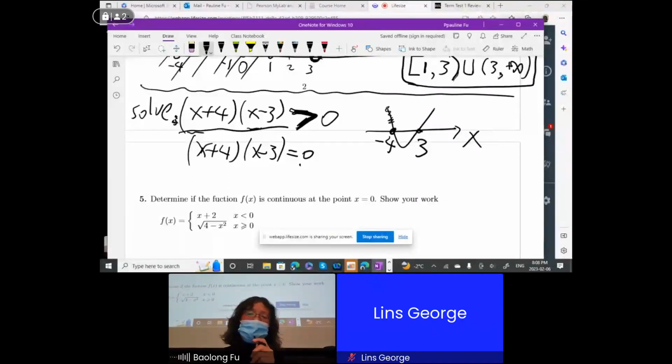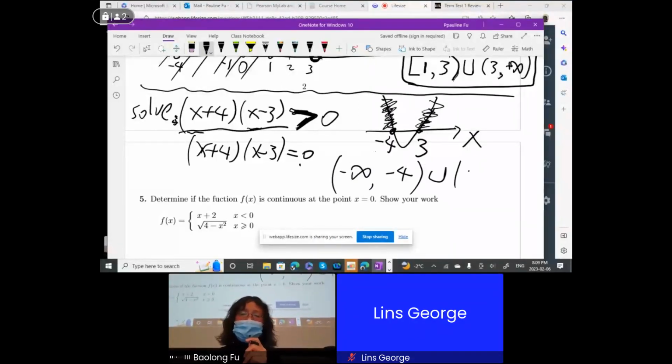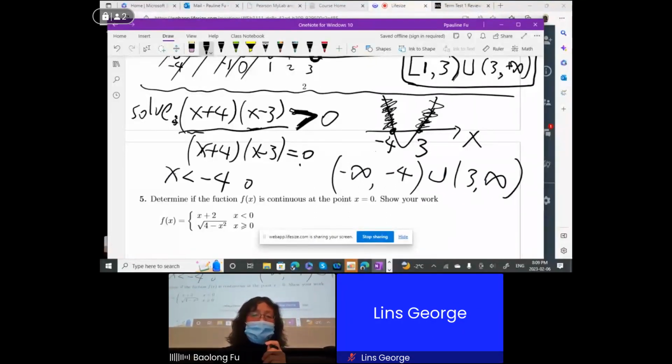This part greater than 0, this part greater than 0. Do you agree? And then you directly give the answer. The answer is -∞ to -4 or 3 to +∞. This is interval notation, or you can write down x smaller than -4, x greater than 3.